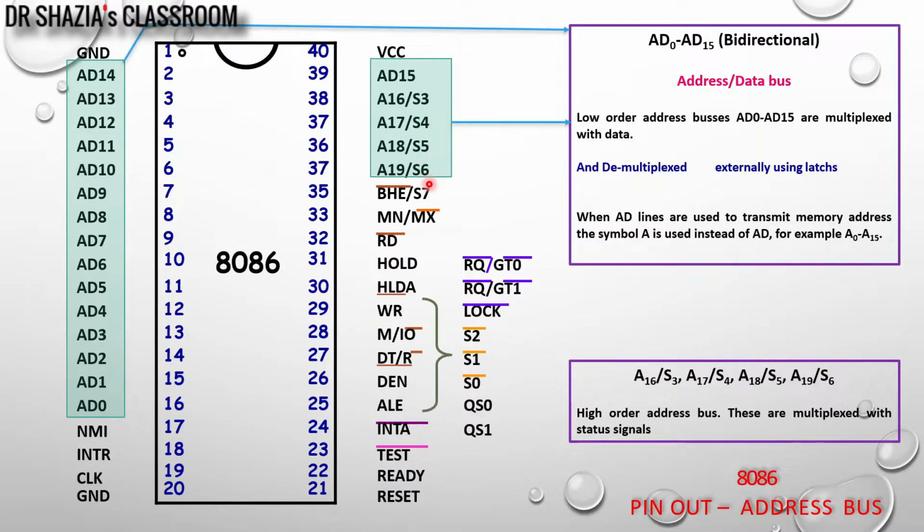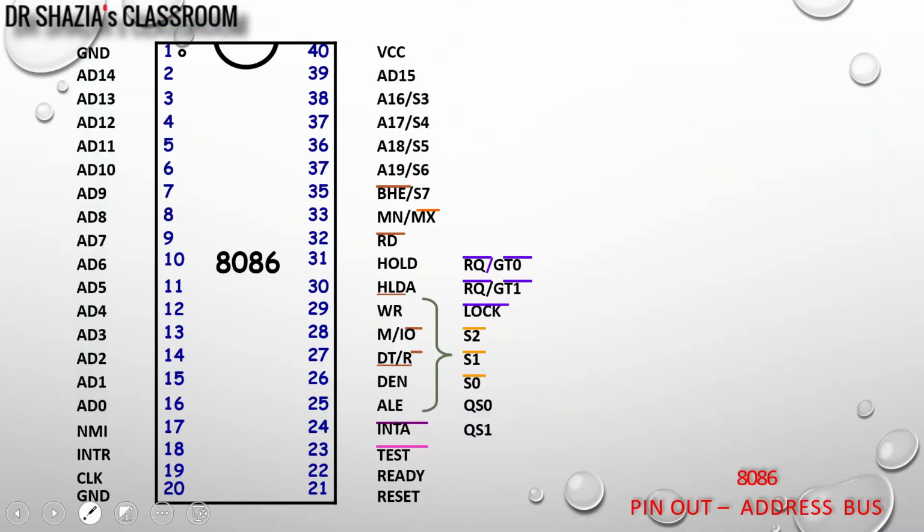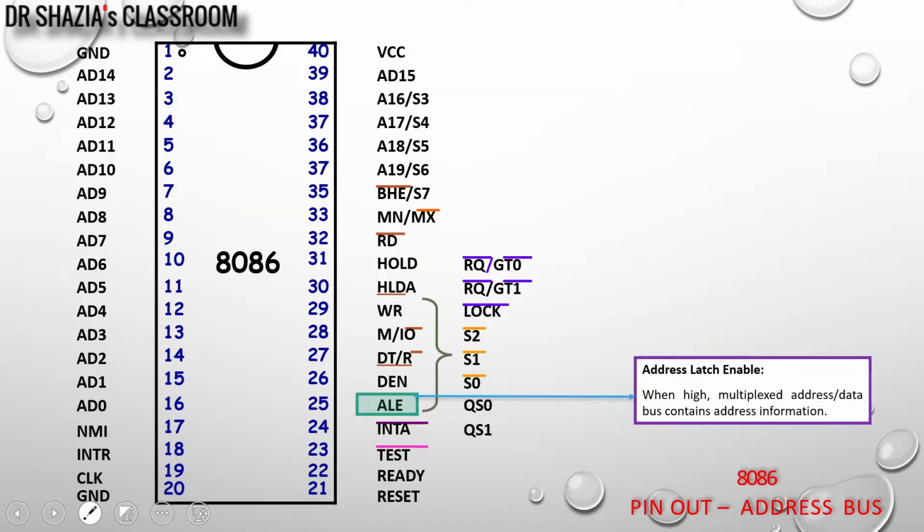As the address and data, or address and status signals, are multiplexed, how will we understand whether these lines are carrying the address or data and status? For that, we need some extra signals which are used to demultiplex address from data and status. The first signal used to demultiplex that we are going to discuss is ALE.